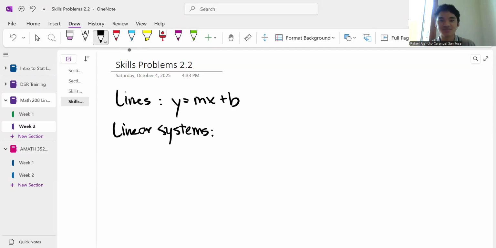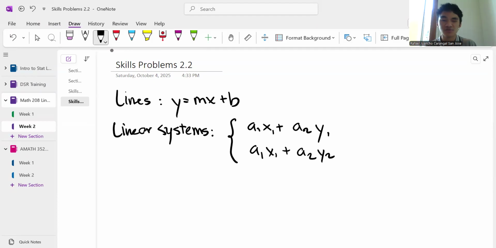So linear systems. So here is just basically different kinds of lines. Okay, this is a bit ugly, but something like this. x1, y1 maybe. y2.